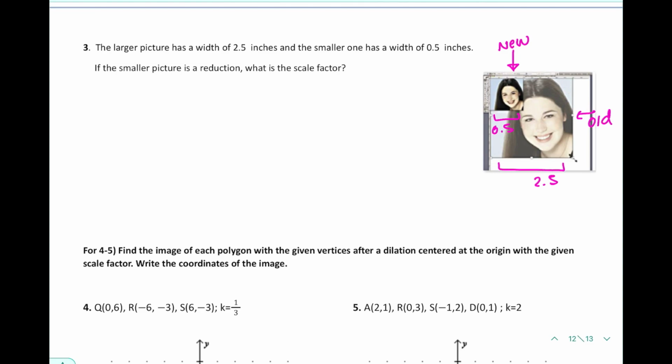Okay, so if it was a reduction, we need to find the K value. The K value should be between 0 and 1. So we can do new over old, 0.5 over 2.5. I don't really like that as a decimal, so we can convert that to a fraction and have your calculator do it, but it would be 1 over 5, which is the scale factor. Again, that does make sense for a reduction. So that picture is 5 times as small as the original.